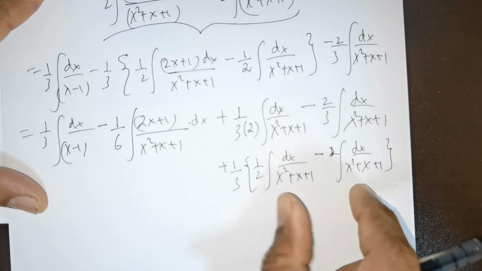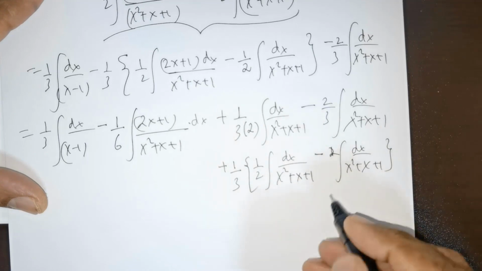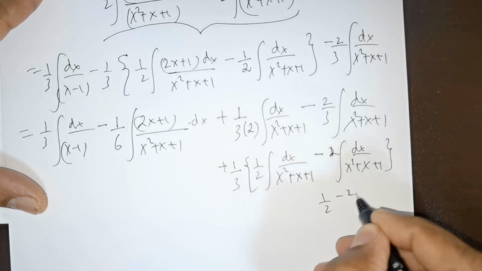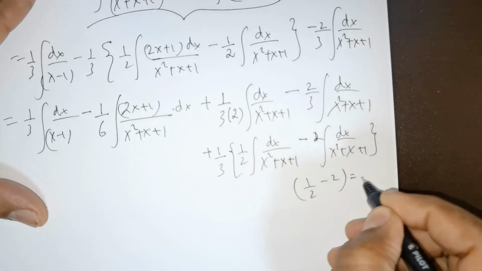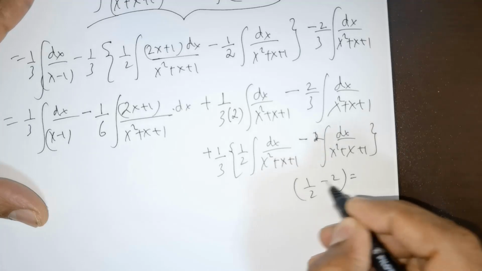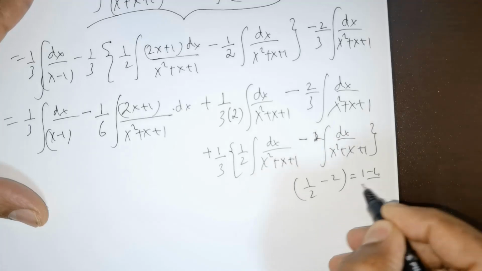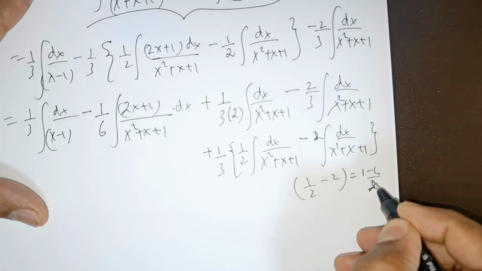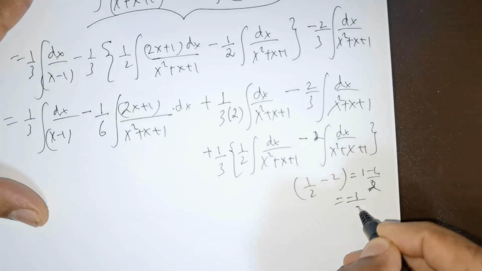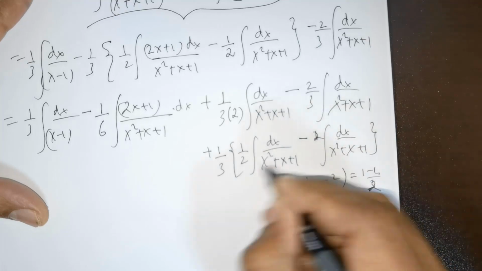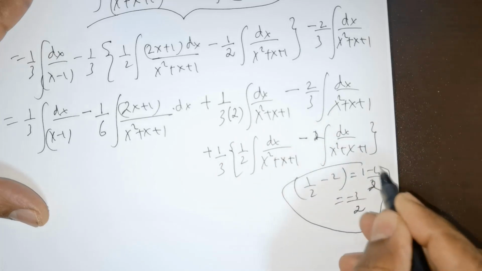Now if I were to simplify this, 1/2 minus 2, which is 1 minus 4 divided by 2, that's going to be negative 3/2. This is going to be the summation of these two integrals.